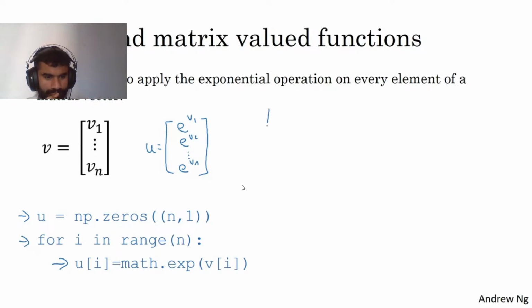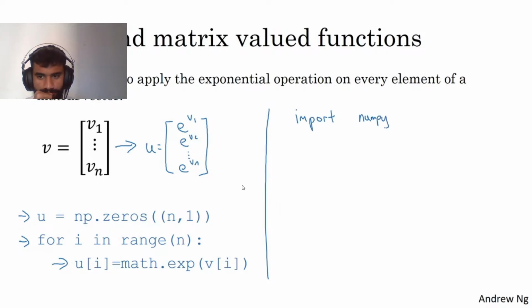But it turns out that Python and NumPy have many built-in functions that allow you to compute these vectors with just a single call to a single function. So what I would do to implement this is import NumPy as np, and then you can just call u equals np.exp(v).